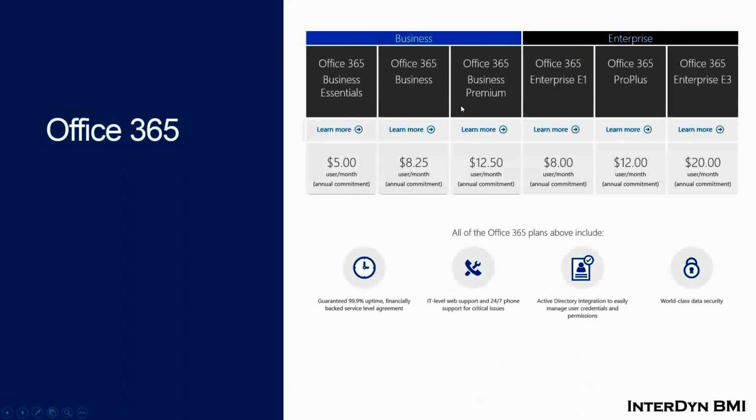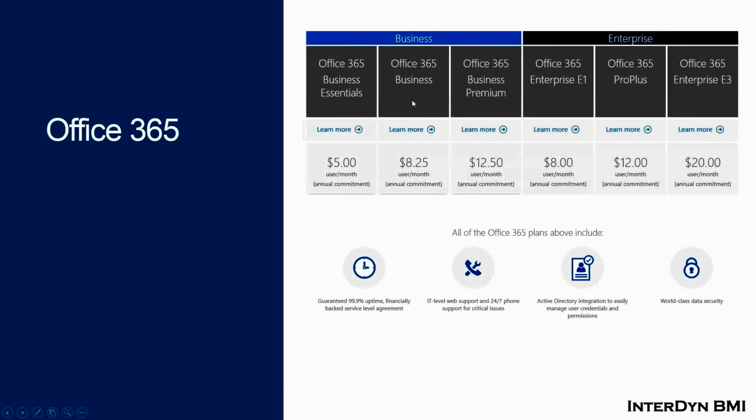But the basic rule is they have a version of Office that gives you mailboxes only, which is what this first one, Business Essentials, is. Mailboxes only, online service only, not including the Office applications. The next package is Office 365 Business, which means just give me the applications, and I can use them on the web as well.